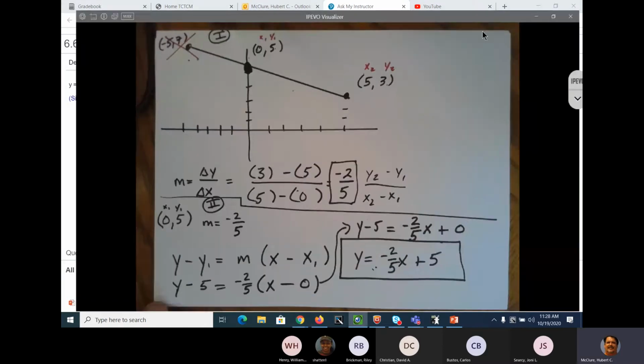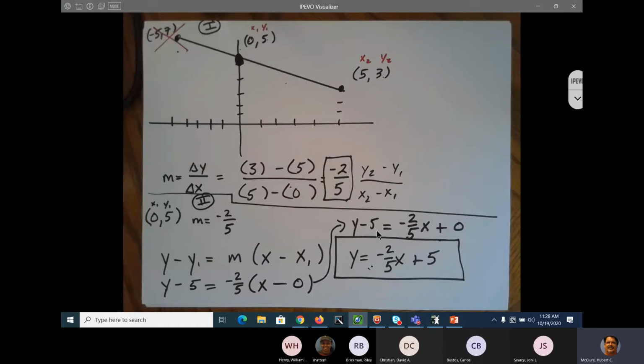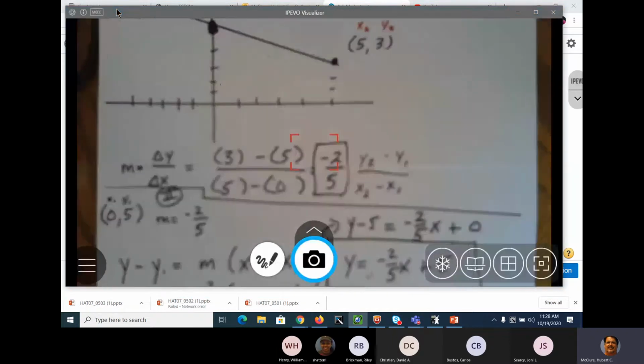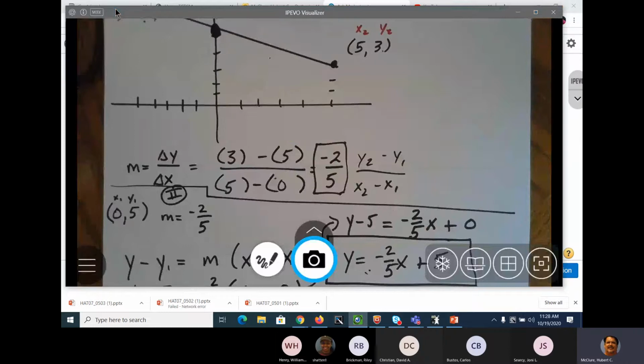I'll leave this on the full screen so that way I think I can actually hit best fit. Wow. Made it a little bit bigger. That's too big.